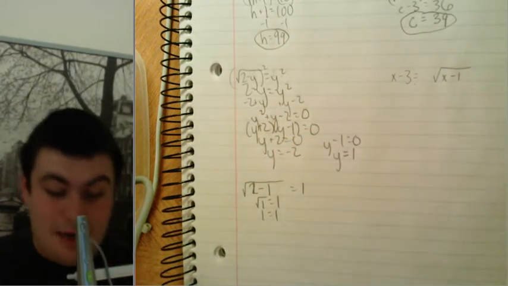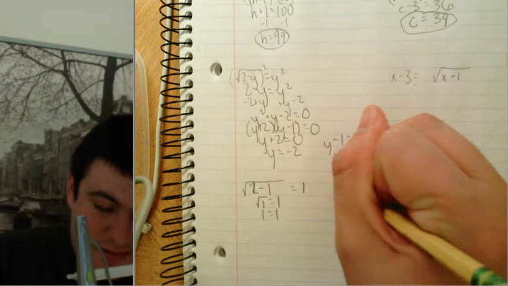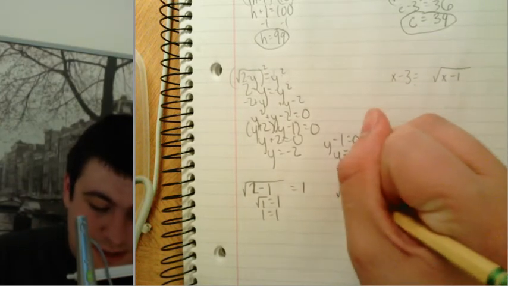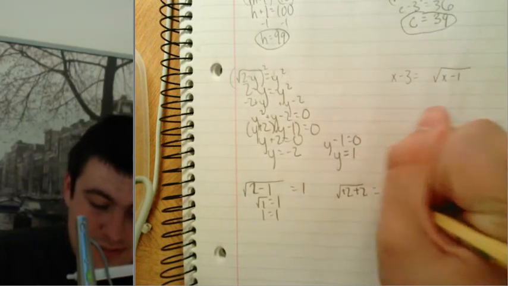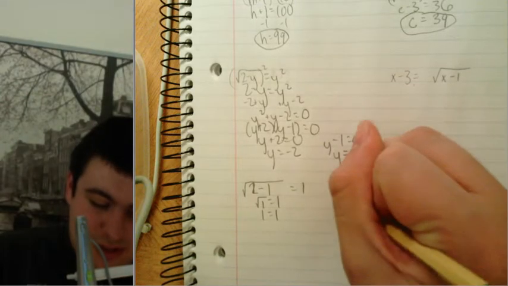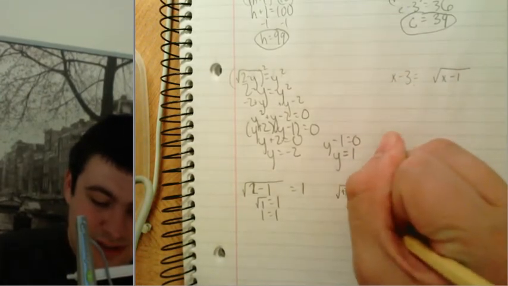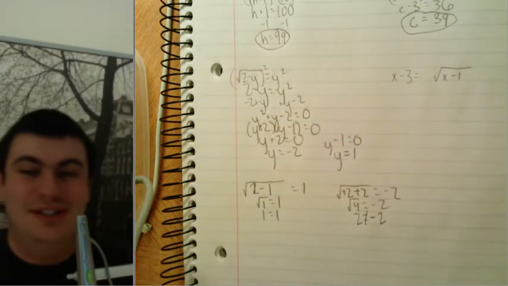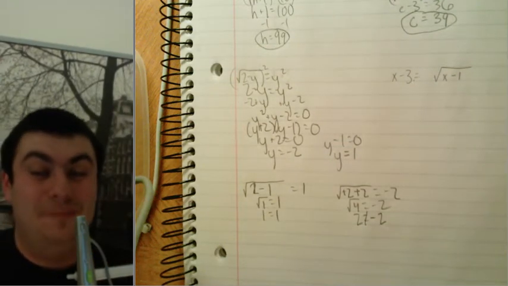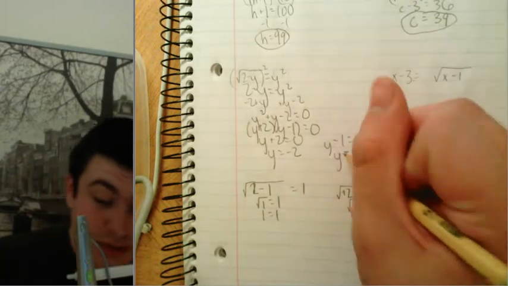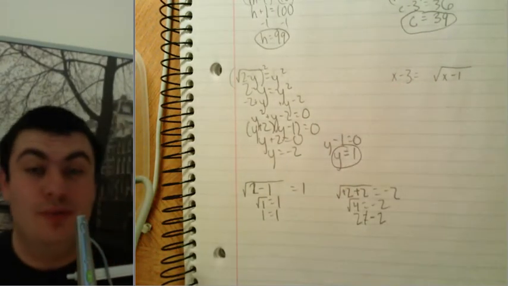There we go. Now, looking at the other one, does the square root of 2 minus negative 2 equal negative 2? So does the square root of 4 equal negative 2? The square root of 4 is 2, which doesn't equal negative 2. So we have that our only solution is y equals 1.